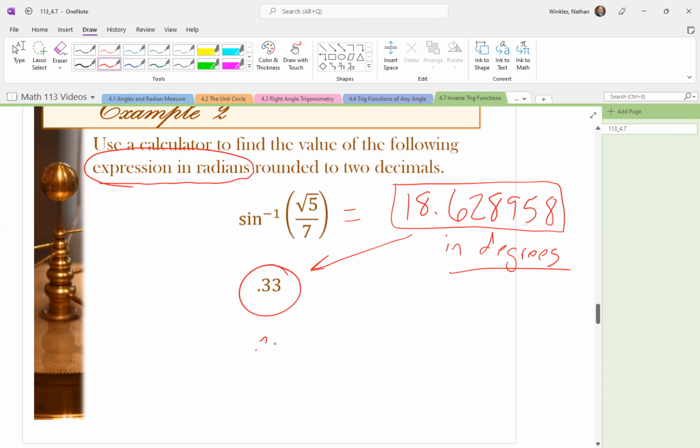Actually, we get 0.325136653. Since it says round to 2 decimal places, we get 0.33 as our answer. Always make sure to determine whether our calculator needs to be in radians or in degrees, because if we're in the wrong one, 0.33 is a lot different than 18.63.